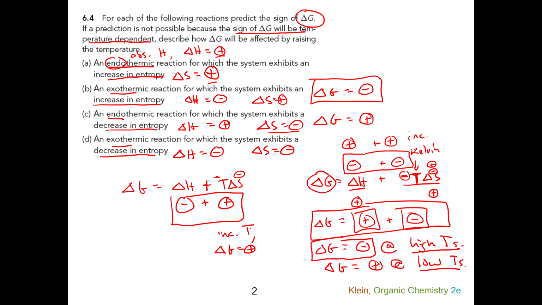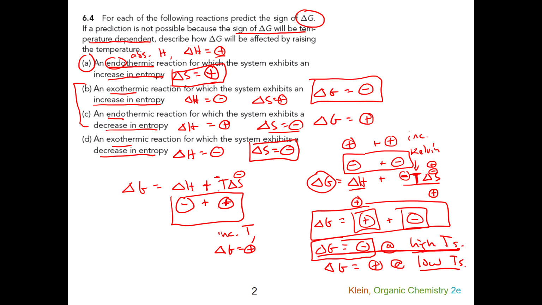at higher temperatures. So sometimes the temperature doesn't really matter in scenarios B and C. Sometimes the temperature will make the process more spontaneous. But that will only be the case where delta S is positive. If delta S is negative, and I'm plugging a negative in here, negative times a negative is positive.